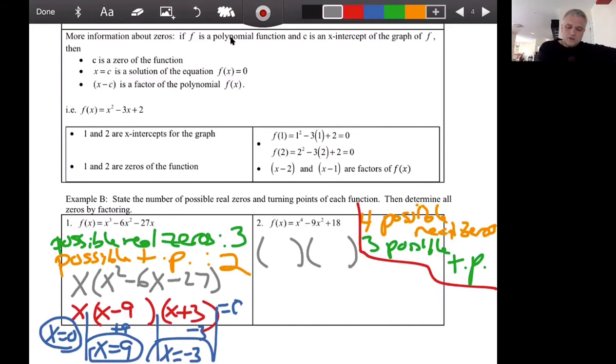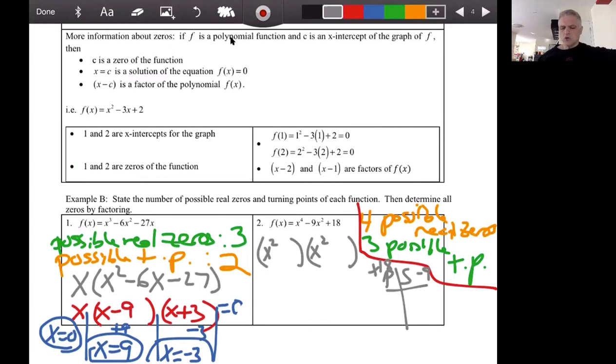Okay, so what times itself gives you x to the 4th? Well, that's x squared times x squared. Now product sum. Product is going to be positive 18. Sum has to be negative 9.